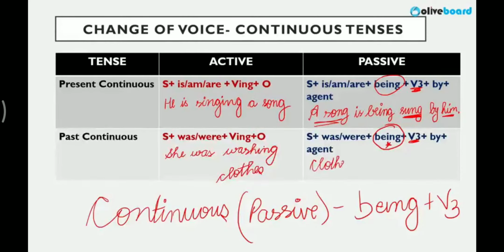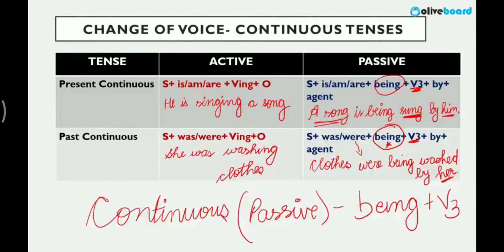Clothes, because clothes is plural, which verb will you select out of was or were? Being. Third form of wash is washed by her. So she becomes her, right? Not very tough.